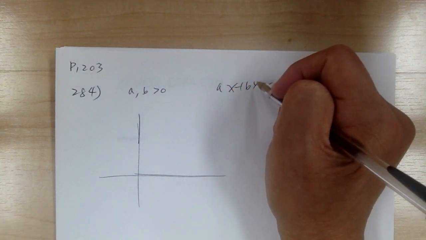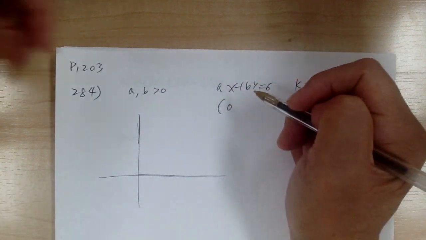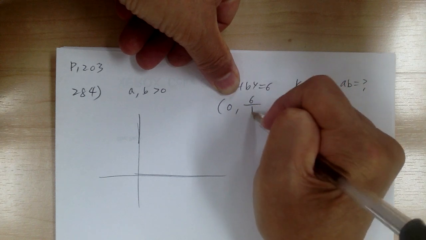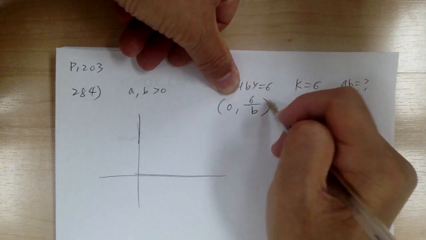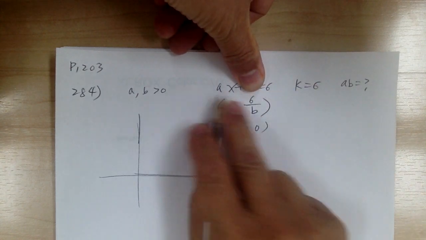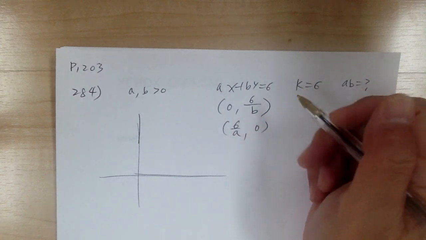see over here again, if you apply the intercept technique, so if you let x equal to 0, then you're going to get y equal to 6 over b. So that's your y-intercept. If you let y equal to 0, then x will equal 6 over a. So those are your intercepts.